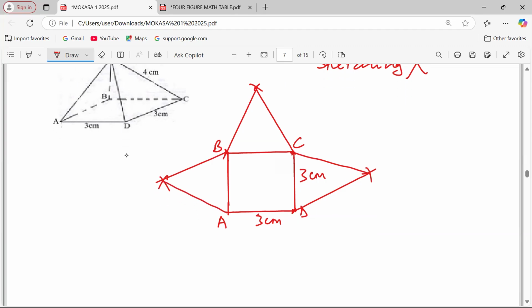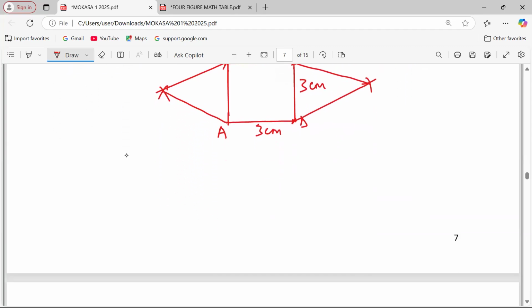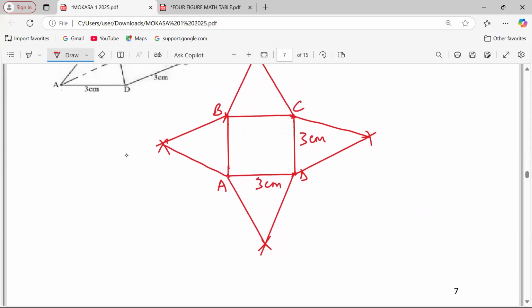And finally, while standing at A and D, we do the same. Using 4 centimeters, we make arcs there. When you join, we are getting the last triangular face. So this is the net that we needed.